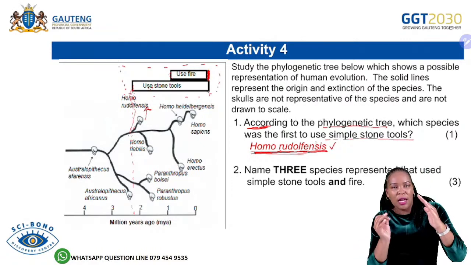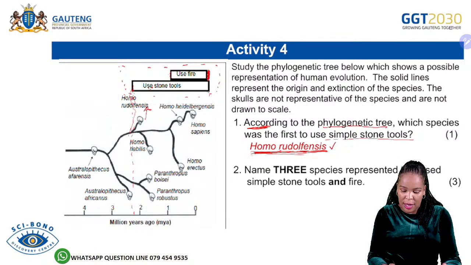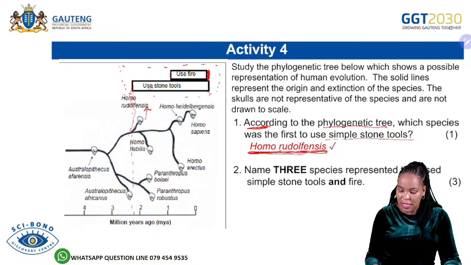Some of your handwritings are already slanting to the right or to the left, so we won't be able to see whether you italicized or that is your handwriting. So how do we know? If you underline a scientific name. Now, number 2 says, name 3 species represented that used simple stone tools and fire.